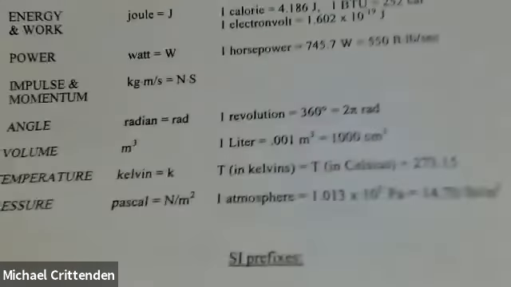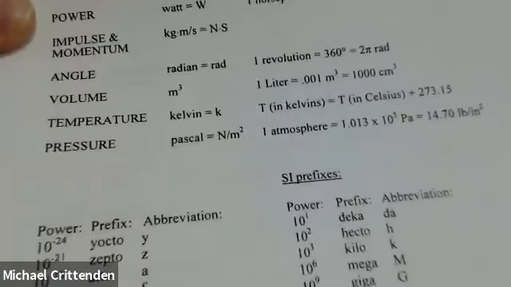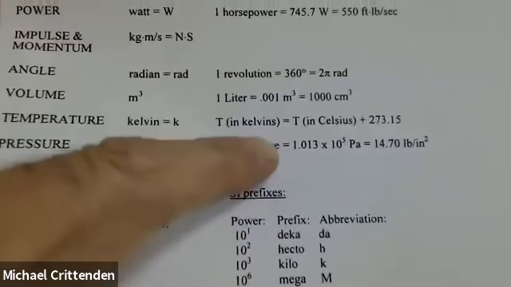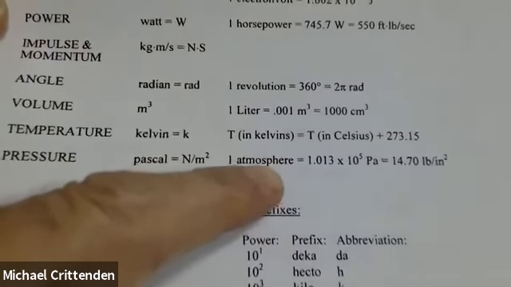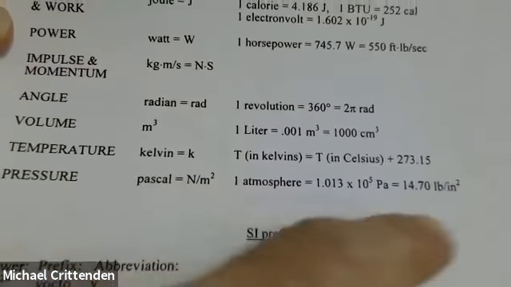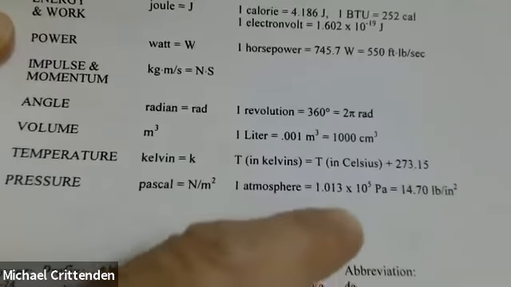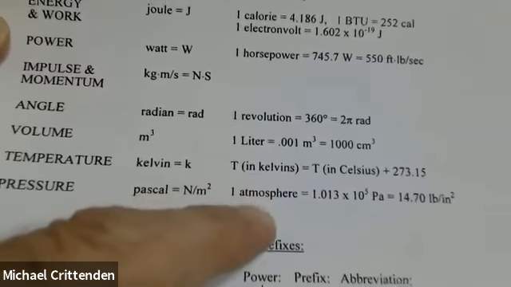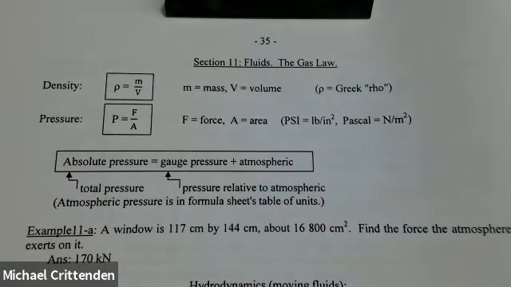And if you go down to the last thing on the bottom, where it says pressure, you can see over here in the conversions column that 101,000 pascals is standard atmospheric pressure. That means an average day at sea level.